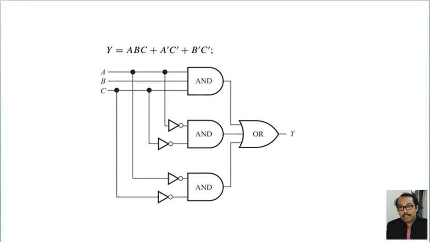Again, this picture is given with the symbol of a NOT gate. These symbols are used interchangeably; sometimes in a book you will find this as a NOT gate, or you will find this as a NOT gate.